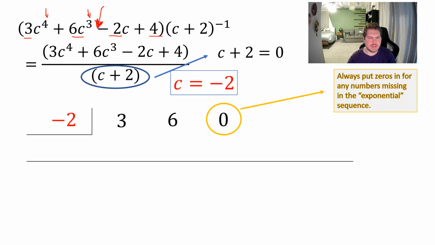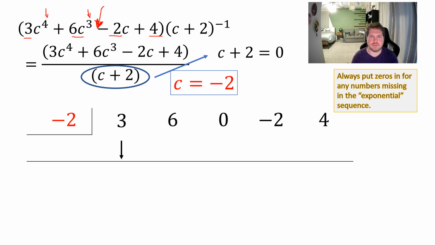So in its place, you always want to put a 0. And then negative 2 and 4. But yeah, if you're missing any number, put a 0 there. Because when you divide it, it could come out different if you forgot to put a 0 there as a placeholder.